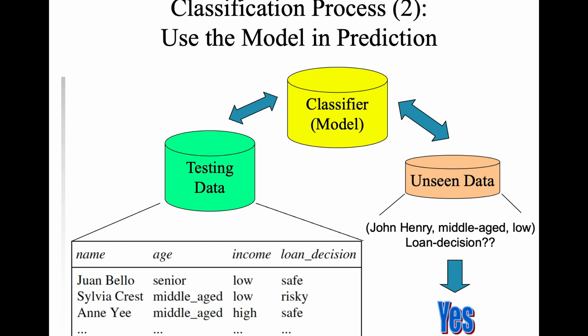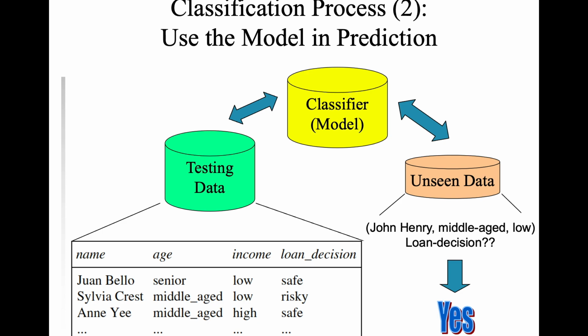Now, let's say that future unseen data is this. We have a tuple: John Henry is the name, age is middle-aged, income is low. What would be the loan decision prediction using our classifier?